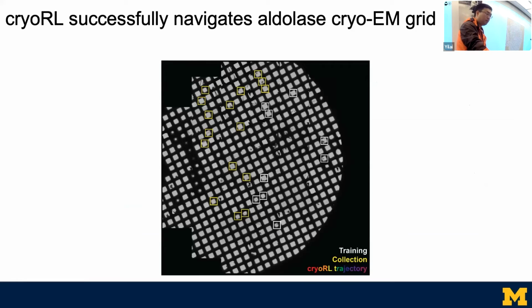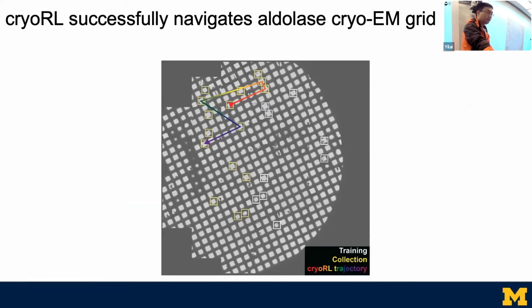So we use a few data sets, basically a few squares, for training, and then we use the rest of the data sets for validation, or for real. Basically, we apply our trained model on top of it. And we can plot the trajectory the cryo-RL decides to take micrographs from.